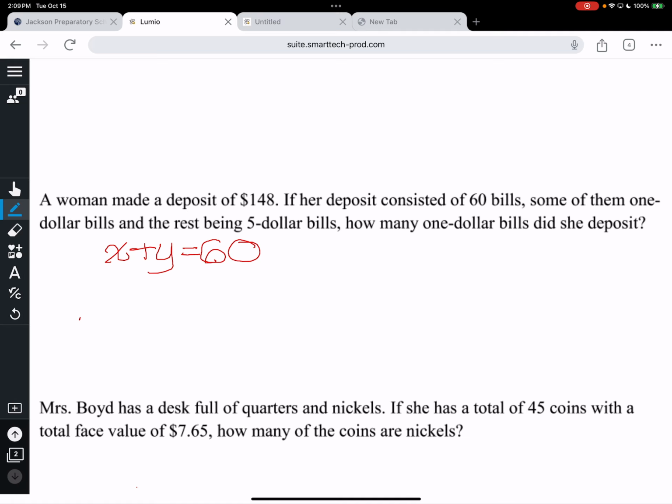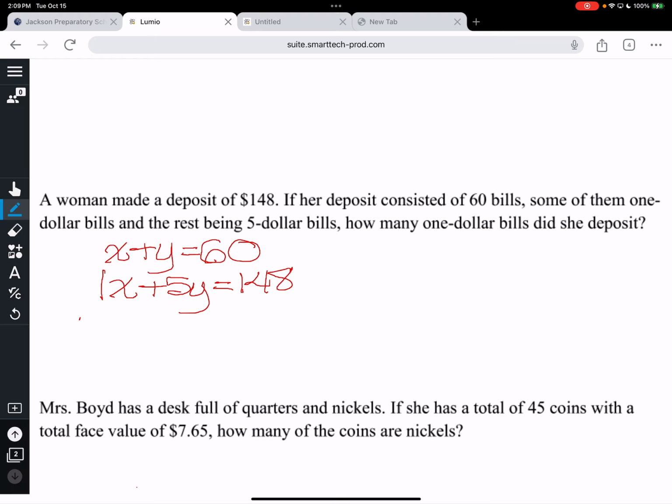Then we're going to have x plus 5y. And that's going to equal what? 1x plus 5y equals 148. So again, substitution probably. I would do substitution. But do you see how we came up with these two equations? Yes.